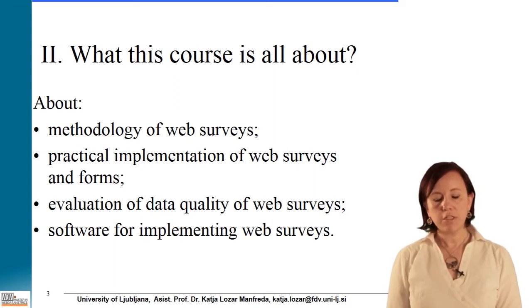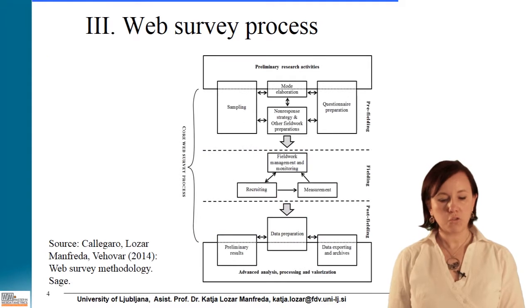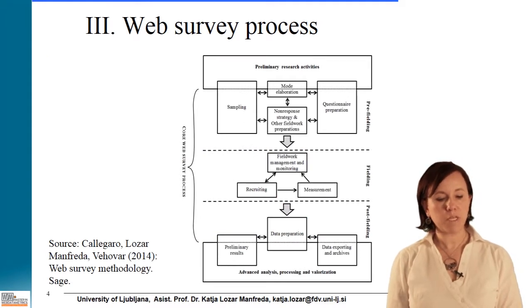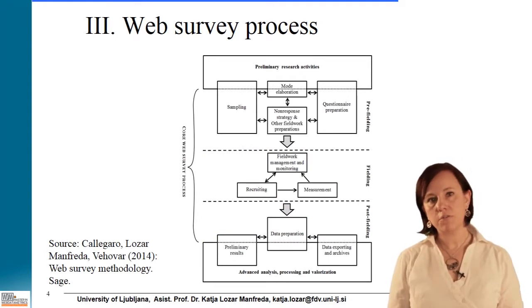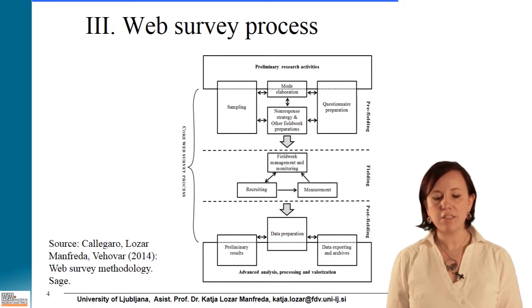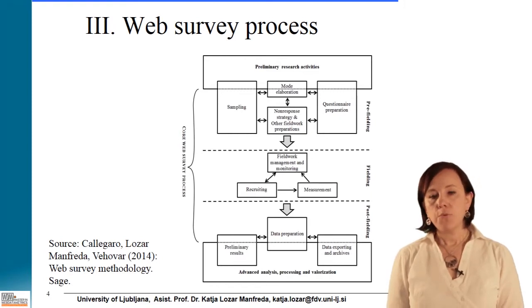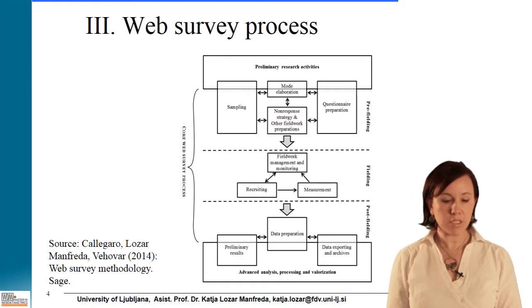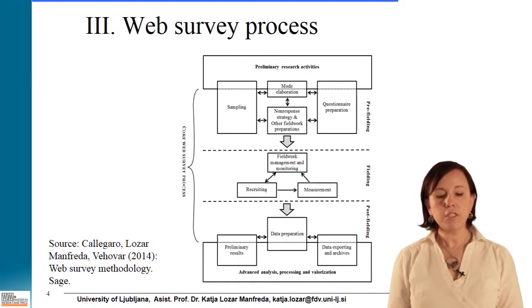After the introduction in this course, we are going to speak about the typology of web surveys, their usage in practice, advantages, disadvantages. After that, we will get to know a variety of decisions that we need to take into account when designing a web survey.